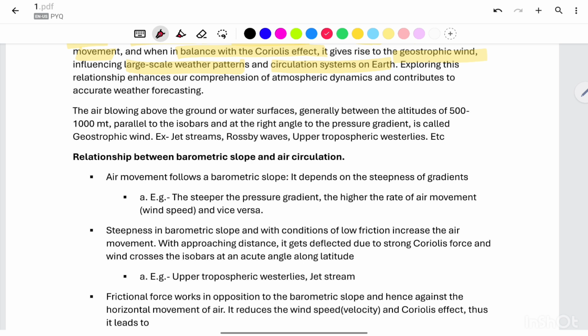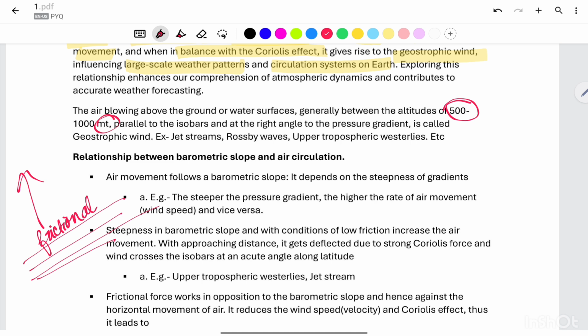What they say is the air is blowing above the surface, therefore there is no frictional force, right? The altitude is 500 to 1000 meters, and the winds are parallel to the isobars. Isobars are lines of equal pressure.